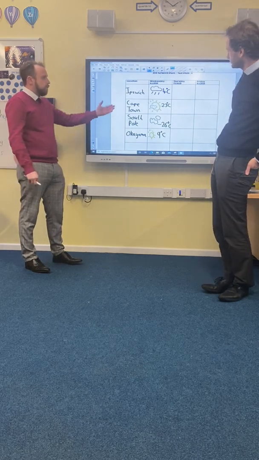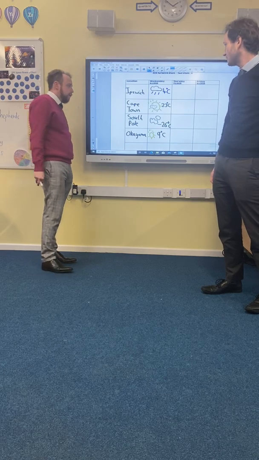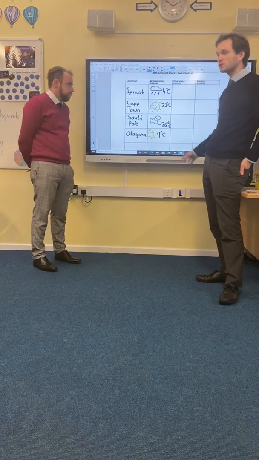Isn't it amazing that here it's 4 degrees and raining at the moment, but if we were in Cape Town right now, we could be outside. It'd be lovely, wouldn't it? Yeah, definitely t-shirt and shorts there. Certainly not t-shirt and shorts in the South Pole. No. Far too cold. And then what we can do, we can track this. So tomorrow we can check the weather again and again on Friday and see if there's any changes.